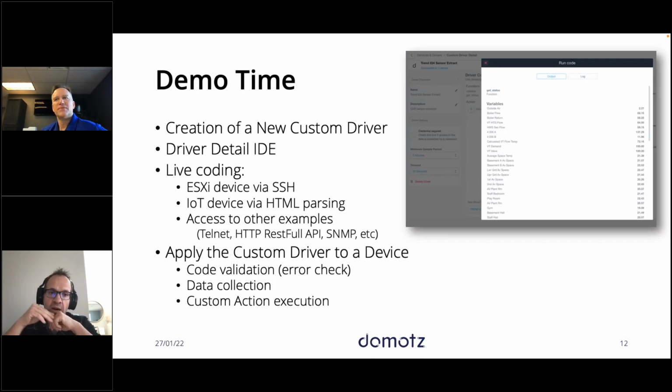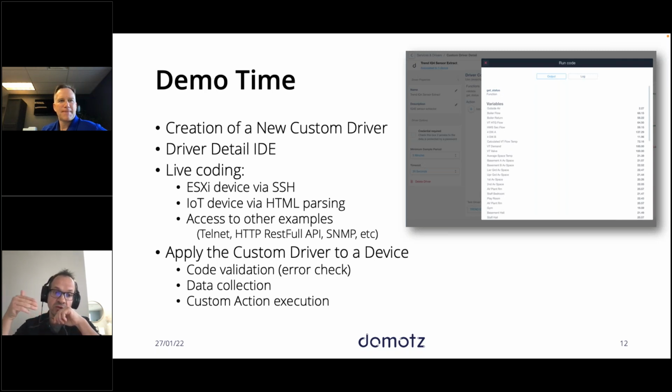We will cover the creation of a new custom driver. We will see how you can write the code directly into our UI. We will see an example of how to use SSH for extracting information from an ESXi device, or HTML parsing out of an IoT device, or even accessing other examples.